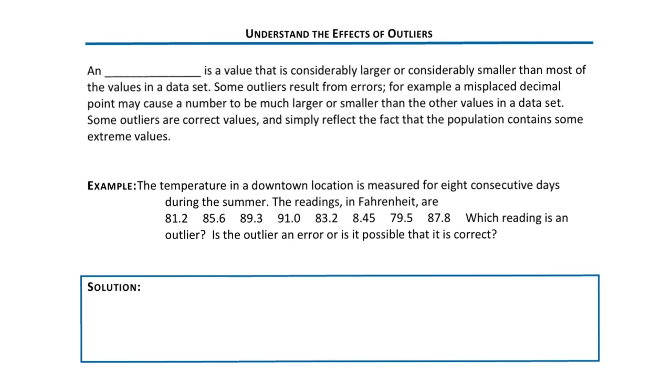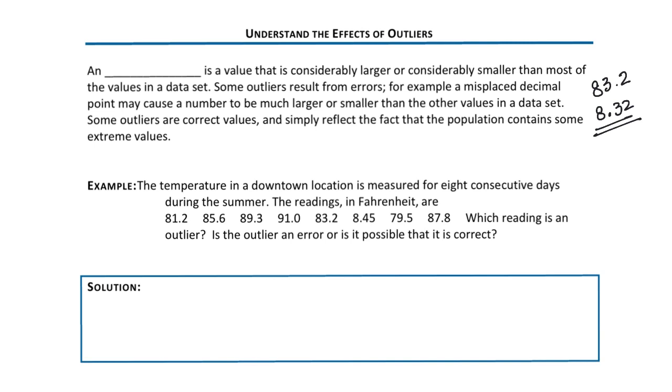An outlier is a value which is too large or too small compared to the other values in the data set. Some outliers result from errors. If you misplace a decimal, for example, if you have a data value 83.2, we misplace the decimal and we are writing 8.32. This becomes really small.